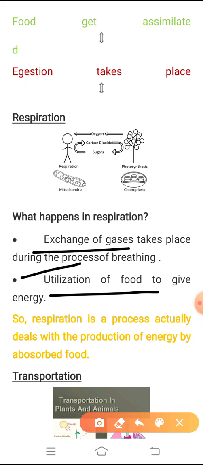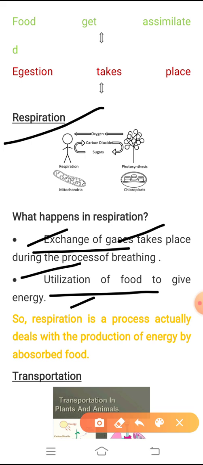So how does this absorbed food give us energy through respiration? We are going to discuss that. Here under respiration we are mainly discussing two things: exchange of gases and utilization of food. In order to produce energy, we need some gases, so we will talk about the exchange of gases as well under respiration.